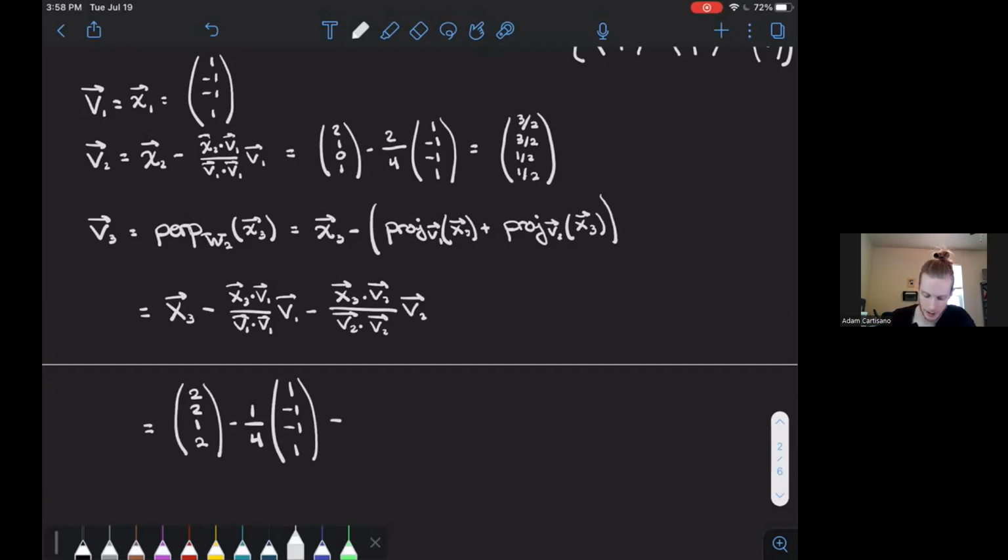The dot product is going to be 3 plus 3 plus 1 half plus 1 half, so 7 and a half, 15 halves, divided by v2 dot v2. So v2 dot itself. That's 9 fourths, 9 fourths, 1 fourth, and 1 fourth. So 20 fourths, so 5. Well, that's kind of nice. Times v2: 3 halves, 3 halves, 1 half, 1 half.